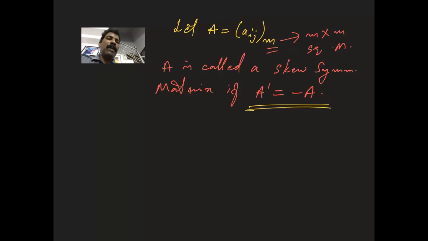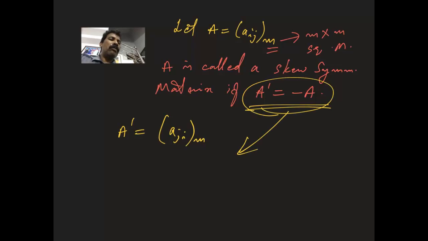A dash means Aji of order m. Now the requirement is A dash is equal to negative A. That is, A dash, Aji of order m, is equal to negative of A. So A is Aij of order m.